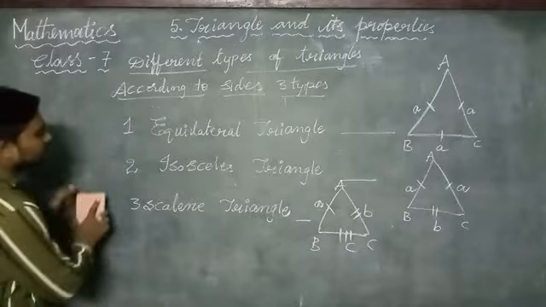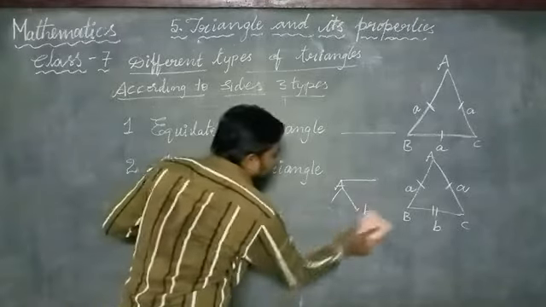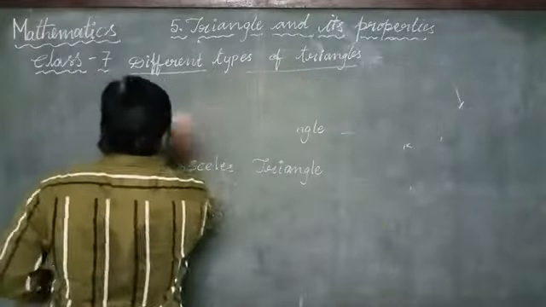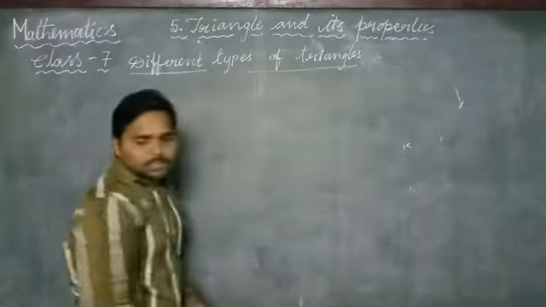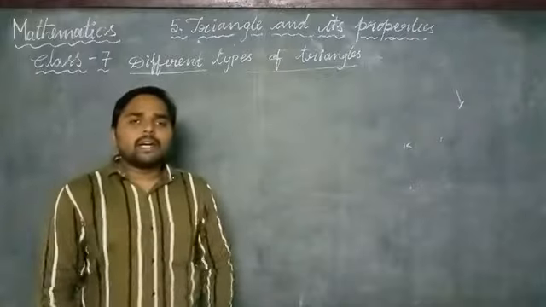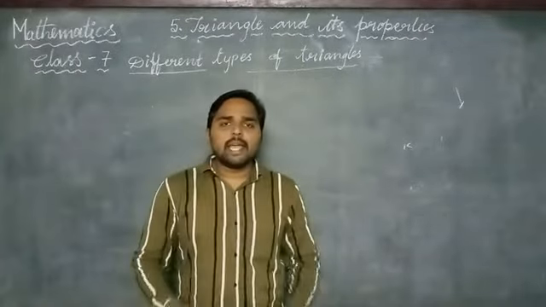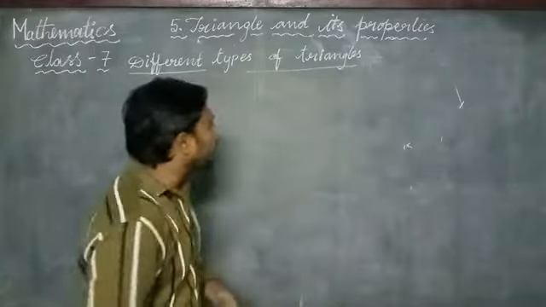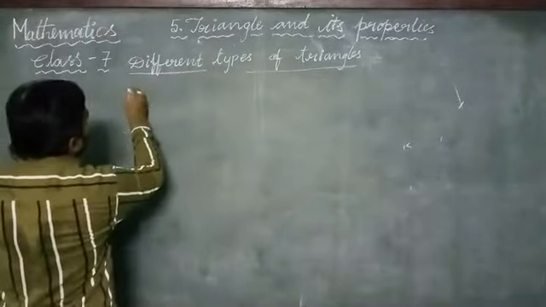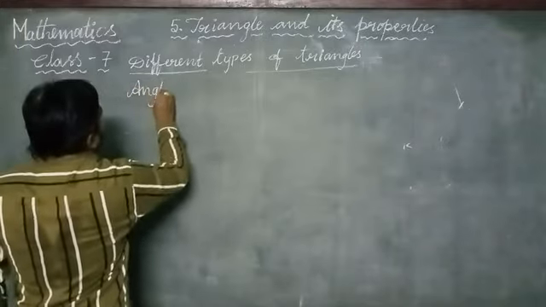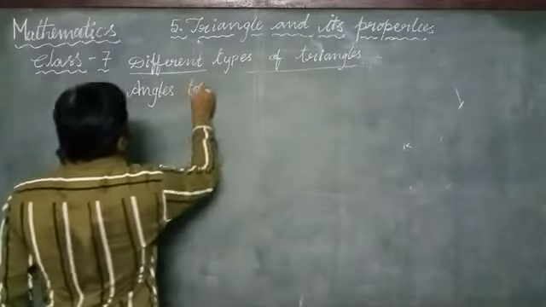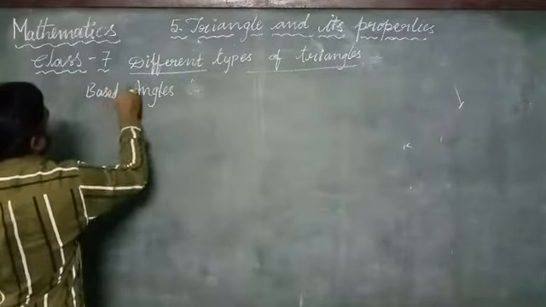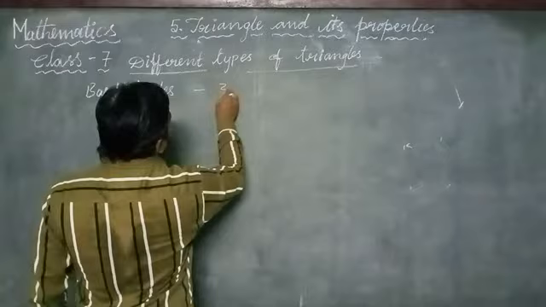Now let us see about angles. Based on angles, we can categorize triangles into three types.